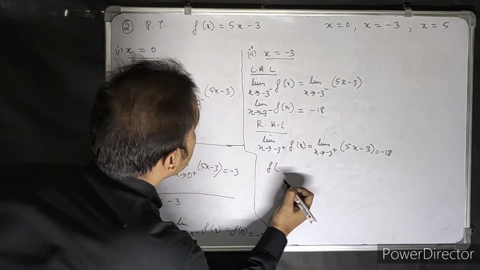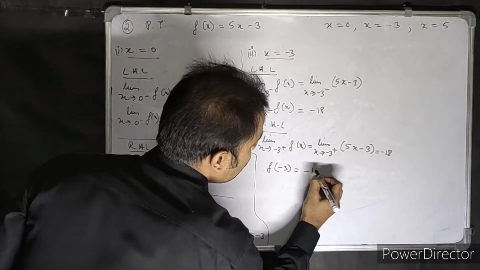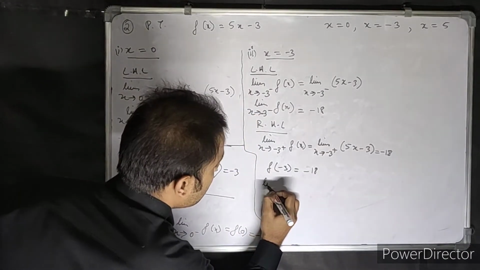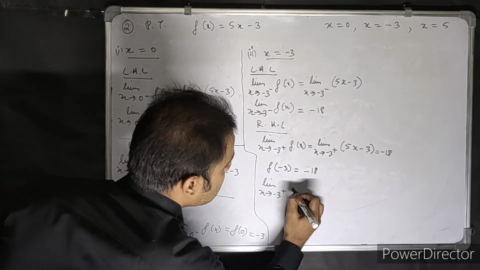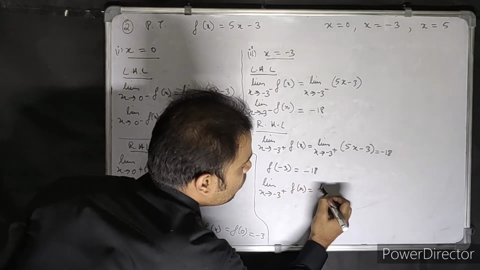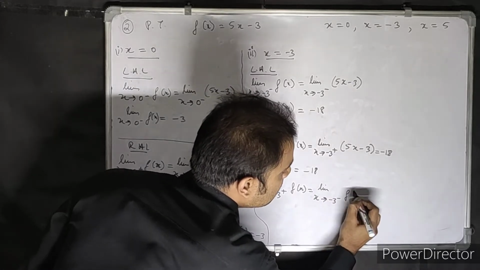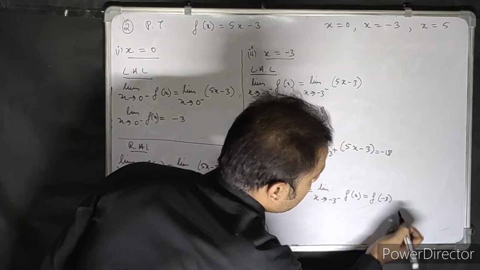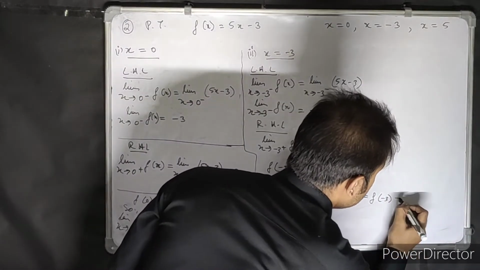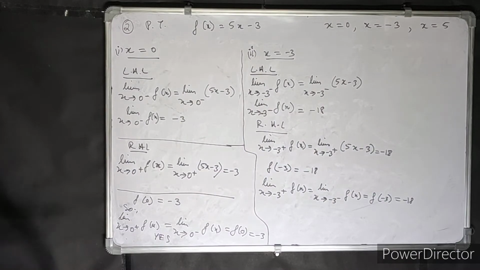Next, f of minus 3, if you put minus 3 over here, then again you're going to get minus 18. So limit of x tends to minus 3 plus f of x is equal to limit of x tends to minus 3 minus f of x is equal to f of minus 3, which is equal to minus 18. So 2 parts are done.